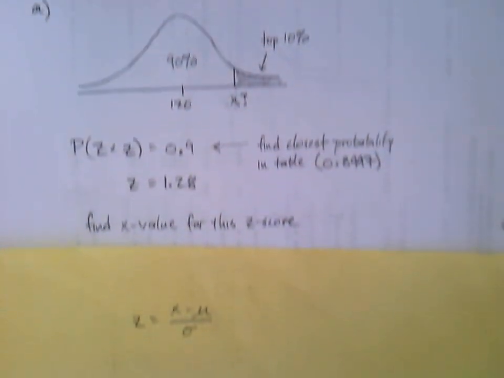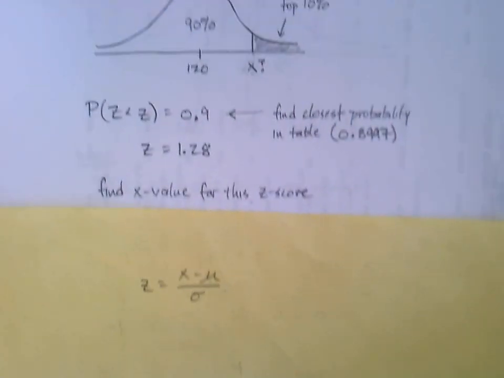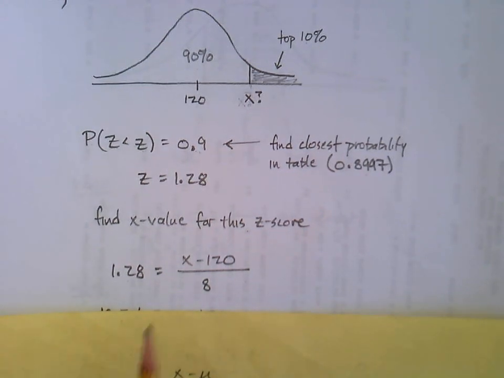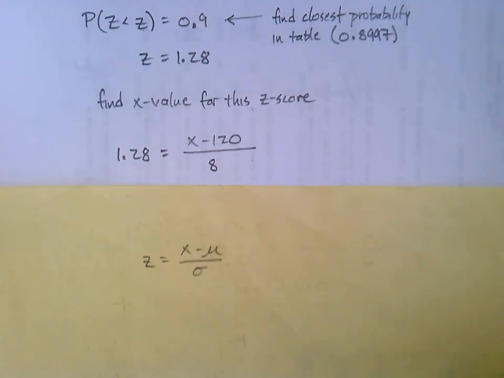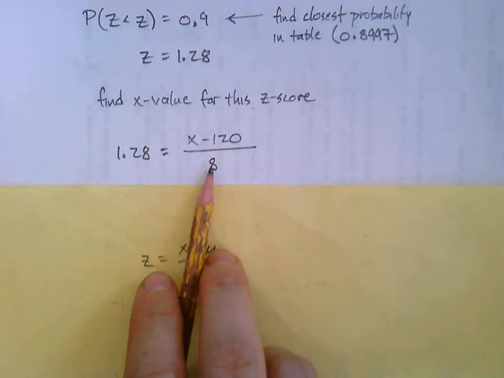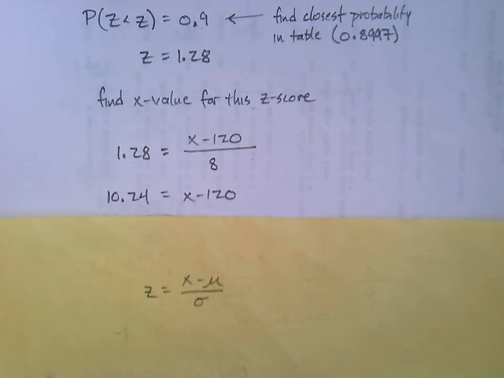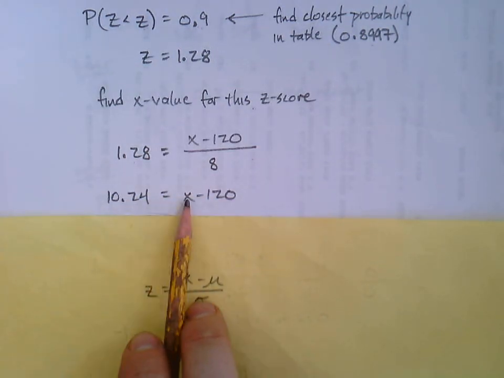Find the x value for this z-score. So 1.28 equals x minus 120 over 8, and we solve for x. We're going to multiply the 8 over here, which would be 10.24 equals x minus 120.